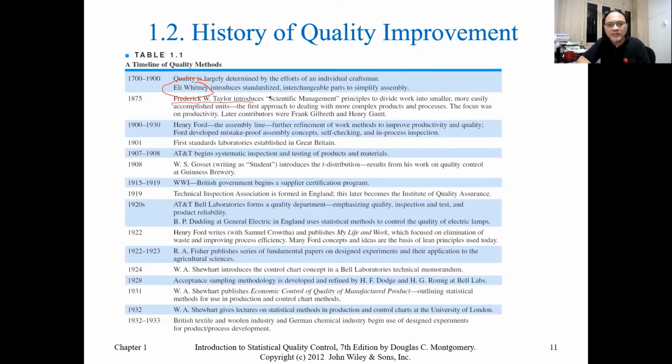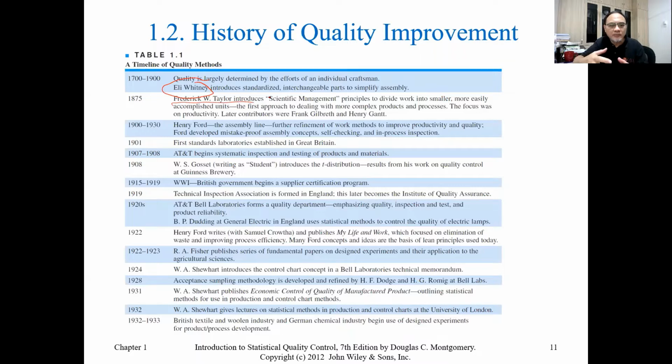Myself coming from the industrial engineering fraternity, this is how industrial engineering views a lot of improvements can be done, quality improvement, process improvement, from the perspective of motion and time study, waste reduction.